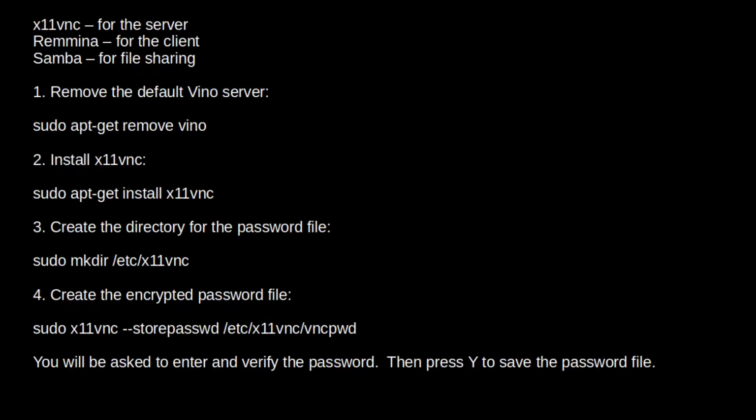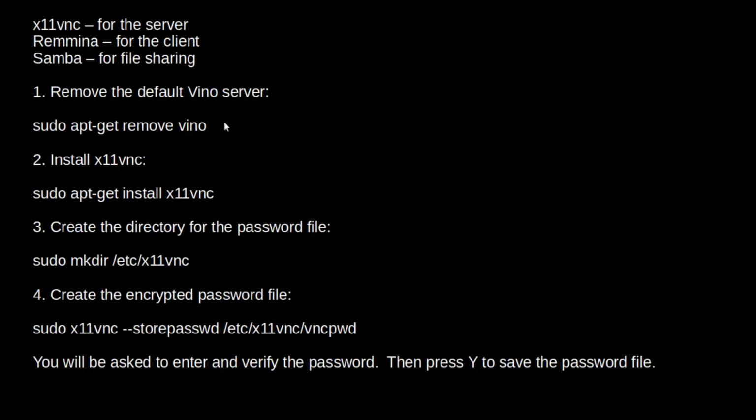so the quote-unquote recipe is first remove the Vino client if you have that installed. I don't remember why, but they don't work together with x11vnc. They probably use some files that the other one has.